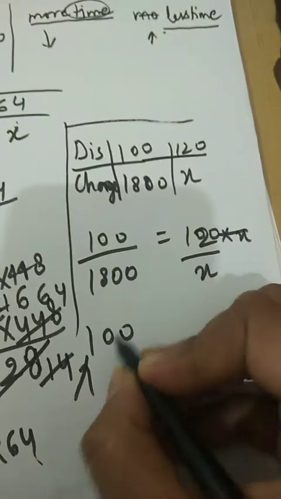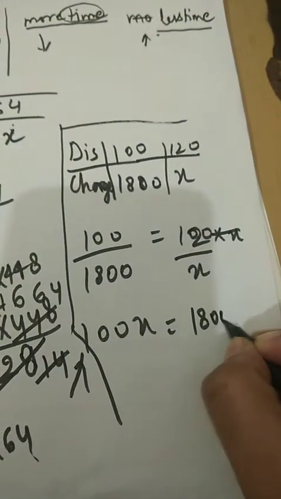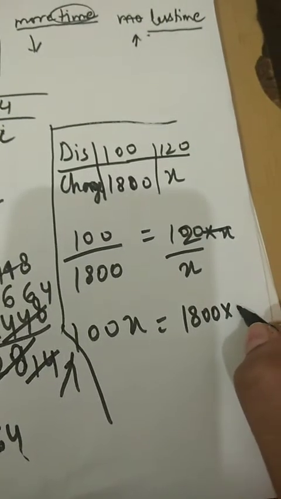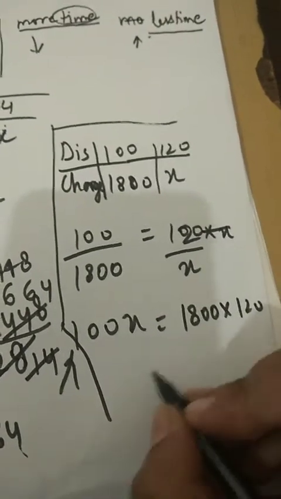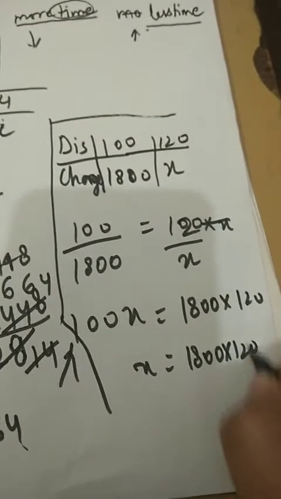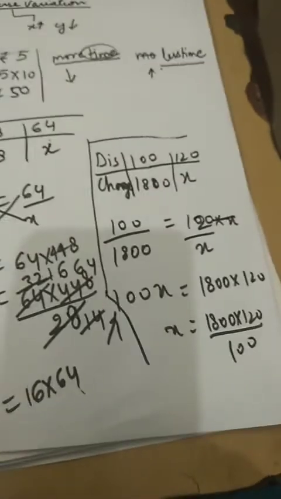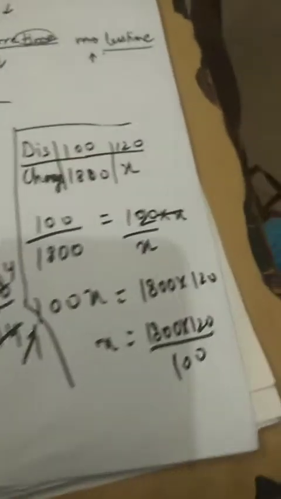So this will be 100 x and 1800 into 120, and then x is 1800 into 120 upon 100, and then you will find the value of x from here. So this way we find the questions of direct variation.